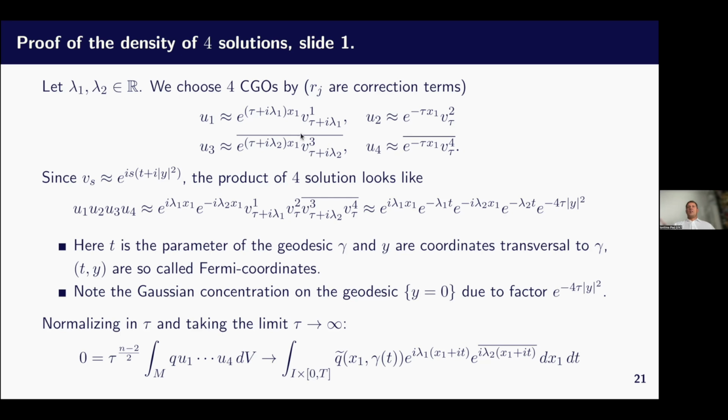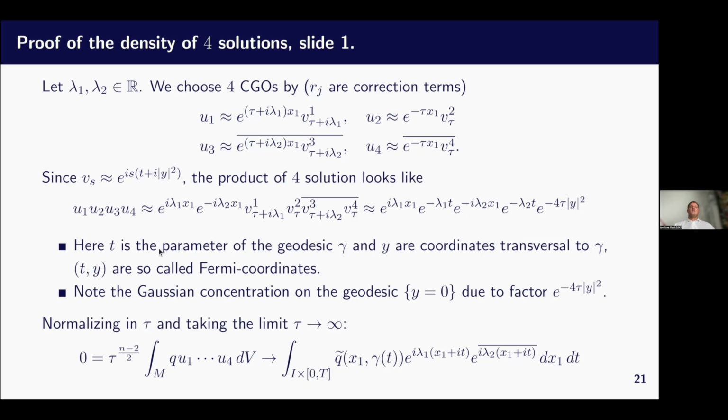And also, if you recall what these Gaussian beams look like, you will see that this product of these four solutions looks like this. So it's like e to the power i lambda 1 x1 and something similar in, well, e to the power minus lambda 1 t, e to the power minus i lambda 2 x1, e to the power minus lambda 2 t. And then you have something which depends still on tau. So it's e to the power minus 4 tau y squared.